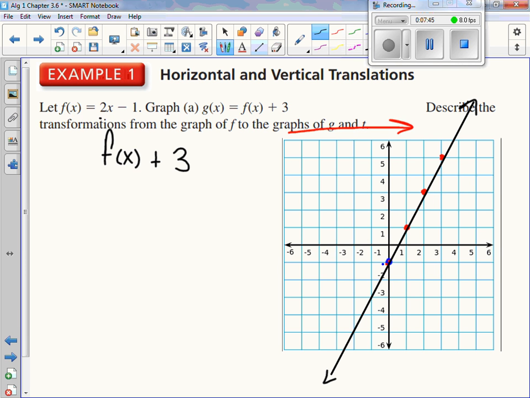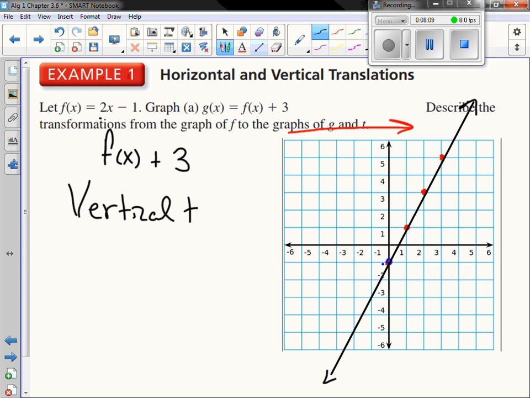Now if k is positive, it is going up. If k is negative, it is going down, whatever that amount is. So for us here, this is a vertical translation.